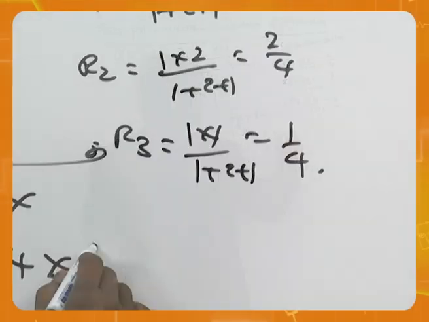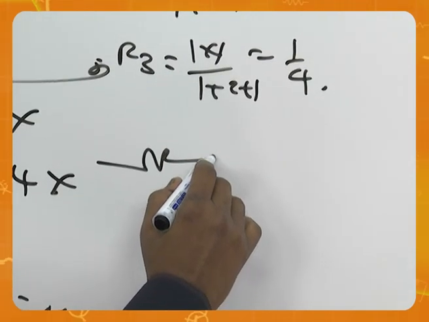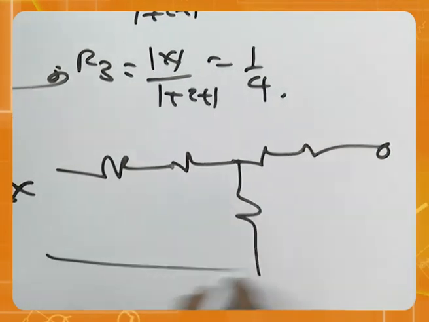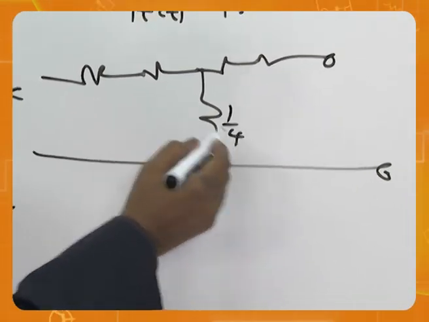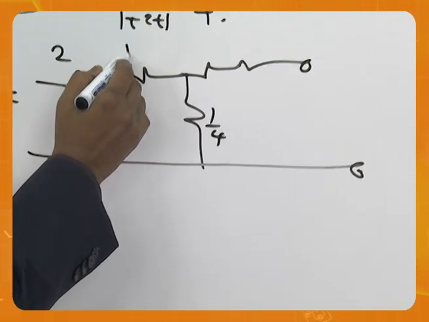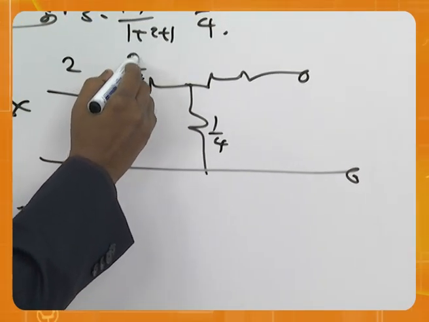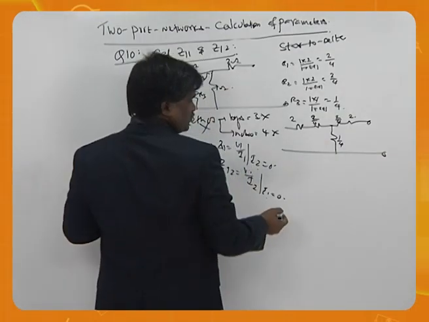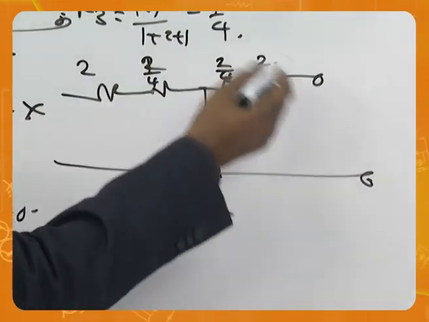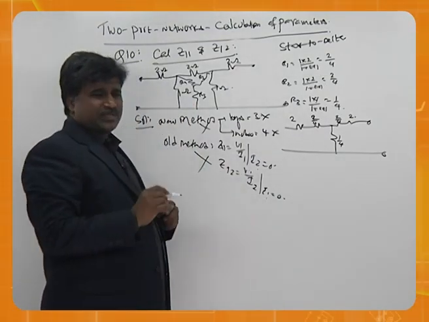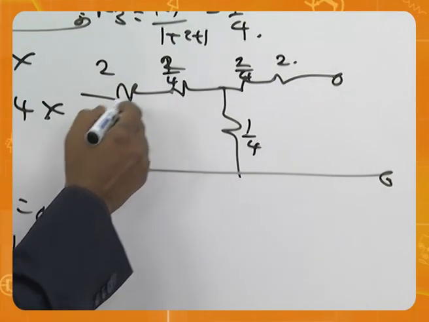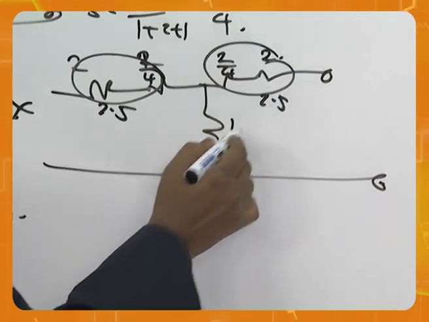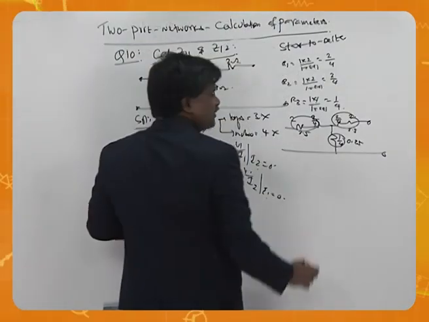Now if I redraw the circuit, I have a circuit like this. So this is 1 by 4, this is 2, 2 by 4, 2 by 4 and 2. Now what happened? This became an ordinary circuit. Therefore 2 by 4 is this, total becomes 2.5. This becomes 2.5. This becomes 0.25.